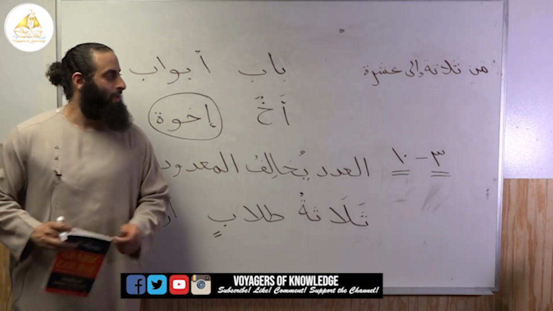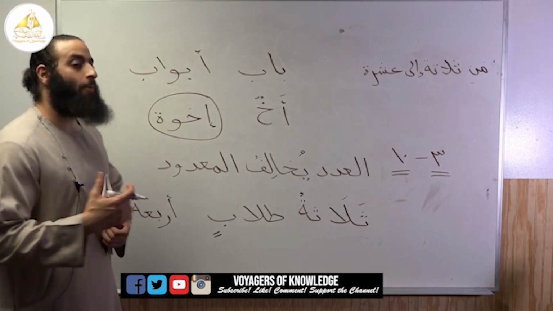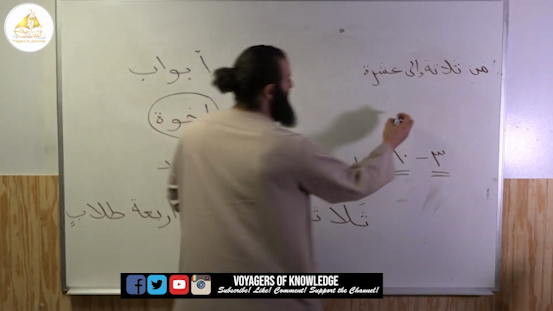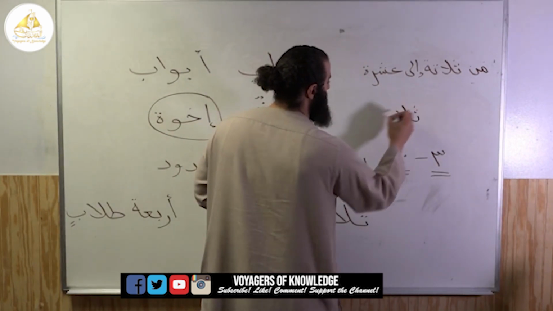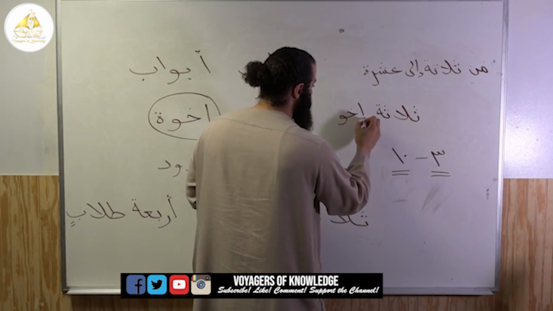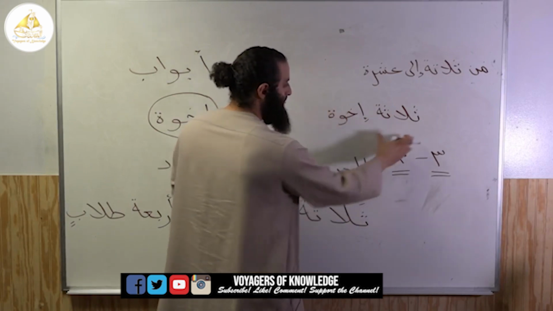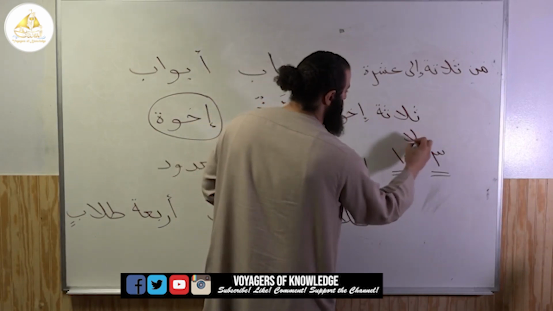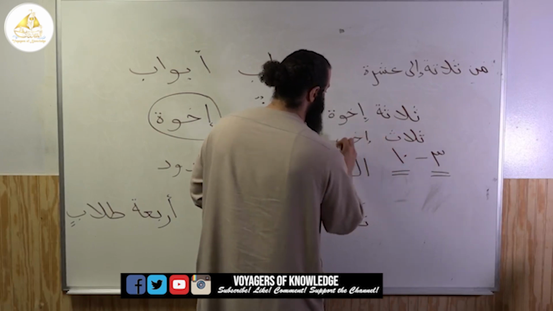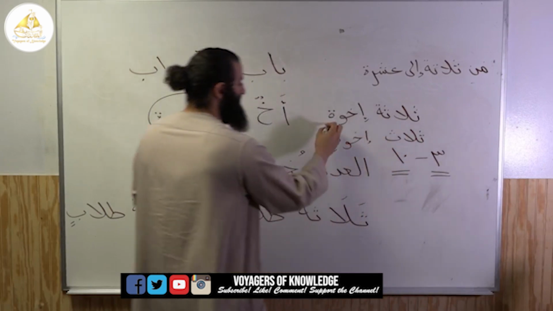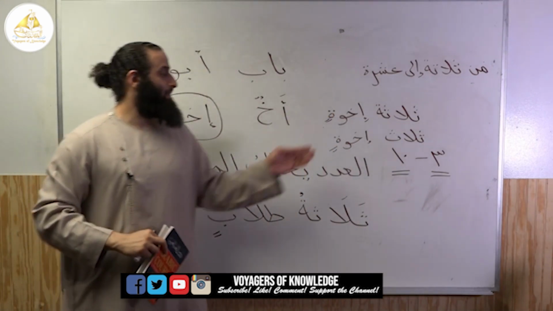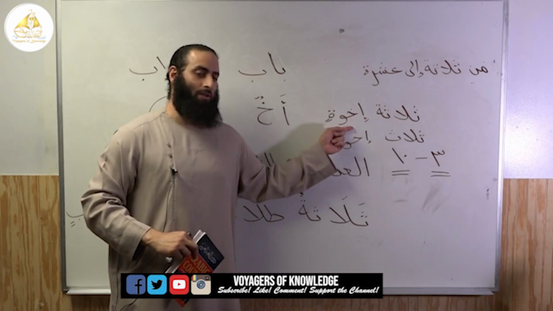So now, if I was going to say, how many brothers do you have? Do I say ثلاثة إخوة? Or do I say ثلاث إخوة? I would say the first one, ثلاثة إخوة.